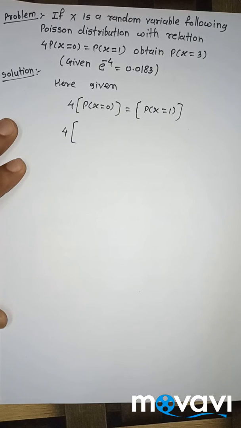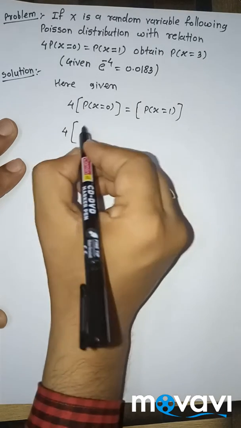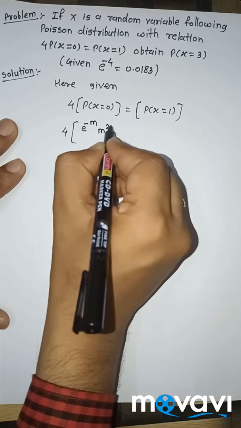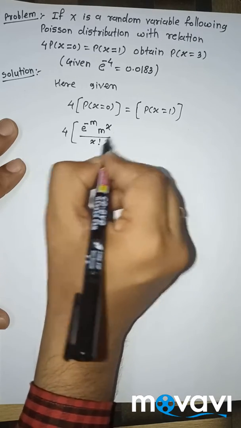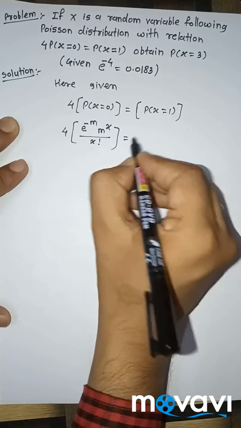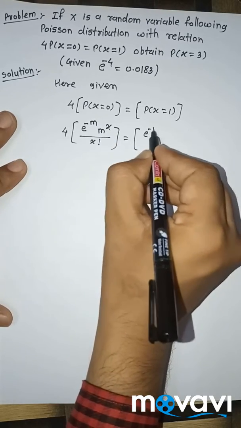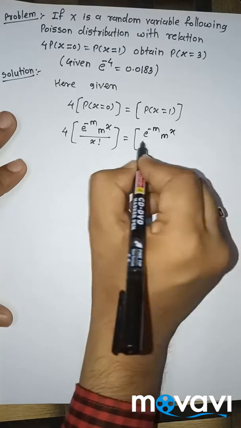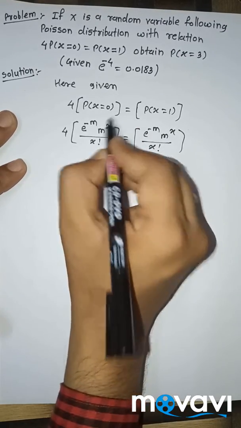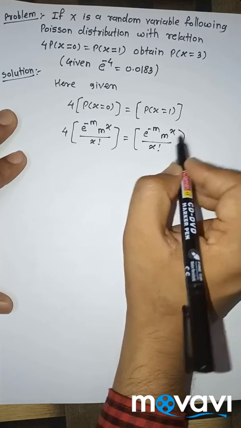Formula of Poisson distribution is e raised to minus m, m raised to x upon x factorial. We use this for probability of X equal to 0, and here also. Here we replace x by 0 and here we replace x by 1.